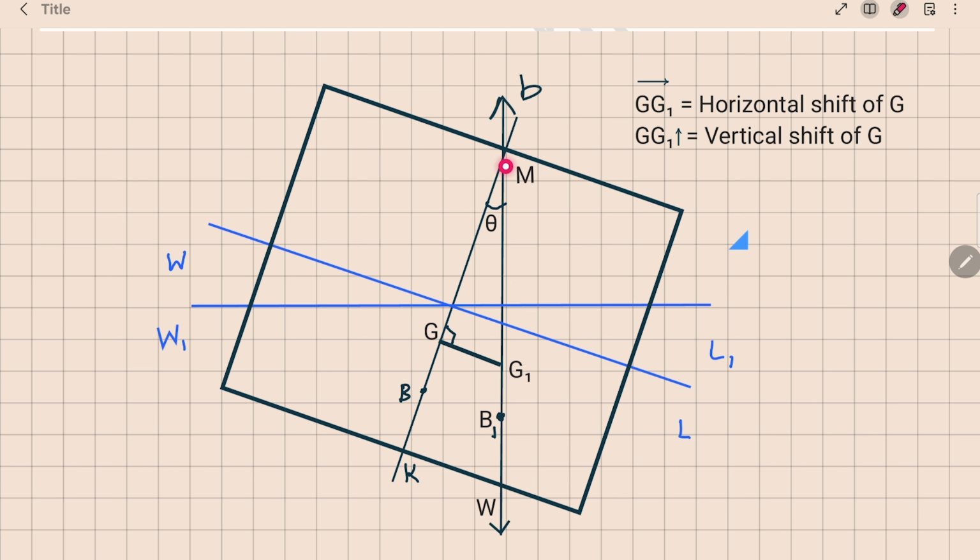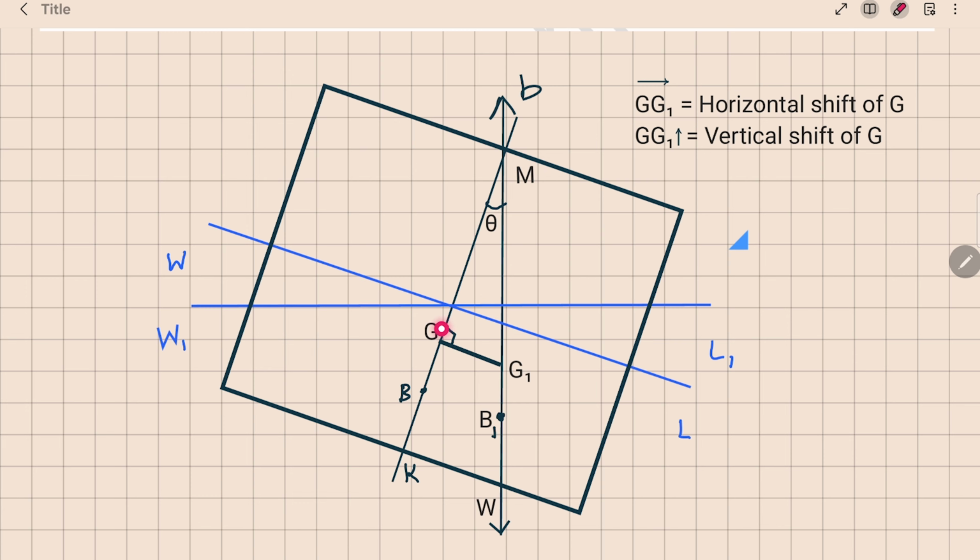Now, if you refer to this triangle, GG1M, where M is the initial metacenter, this kind of formula calculation is assuming that the angle of list is small, say up to 9 or 10 degrees, less than 10 degrees, where we assume that metacenter is fixed.